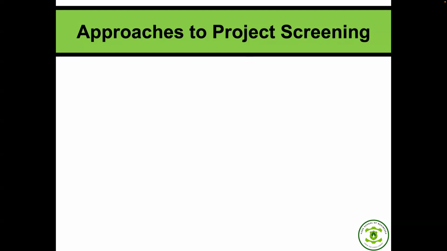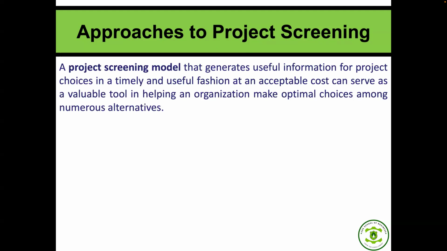It ties into some of the approaches we looked at in the first slide. So a project screening model generates useful information for project choices in a timely manner, at an acceptable cost. Three critical elements: timeliness, usefulness, and cost effectiveness.